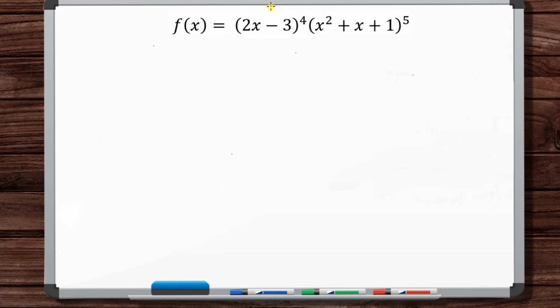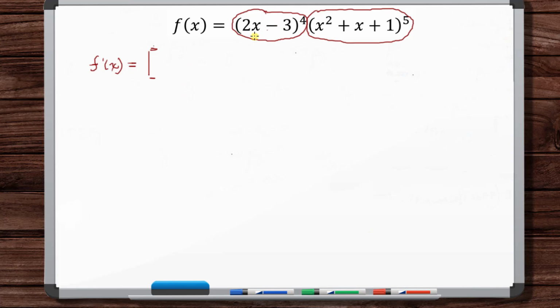Okay, so similar to the last problem, we've got one function of x multiplied by another function of x. So we're going to need to use the product rule. So f prime of x is equal to the derivative of the first.